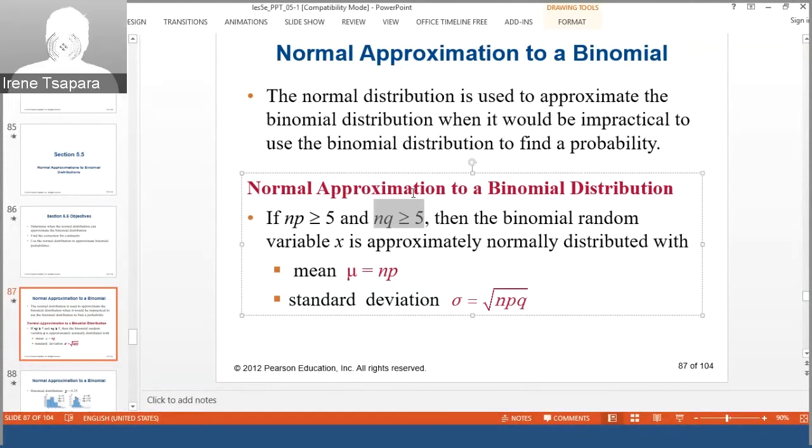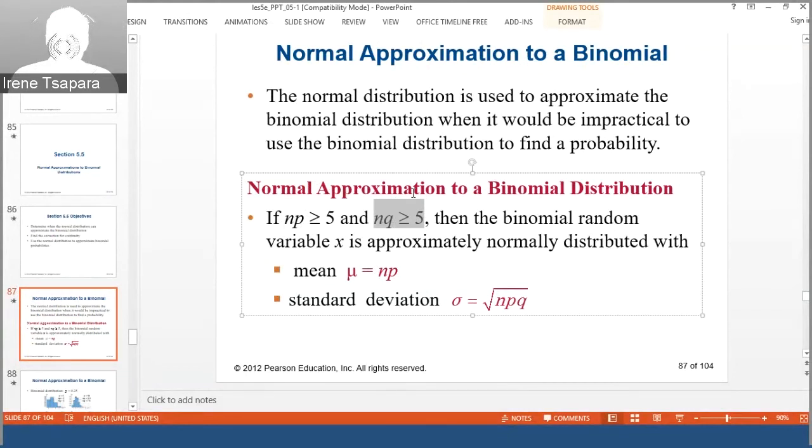That is greater than 5. The q is going to be 0.01, and if I run it 100 times, then n times q is going to be 1, and 1 is less than 5. So in this case, I cannot approximate with the normal distribution.